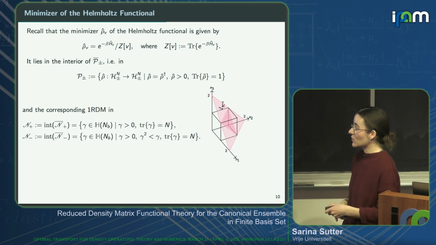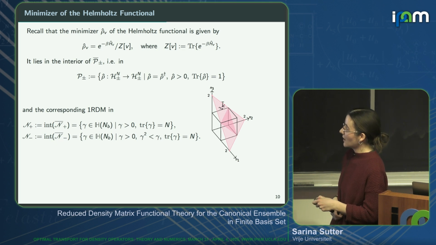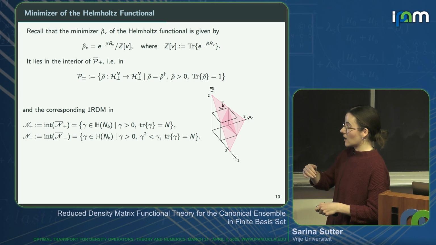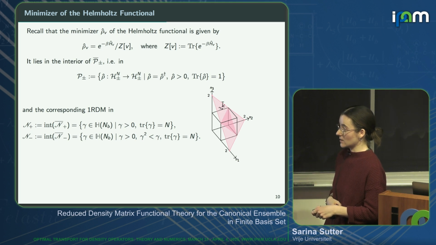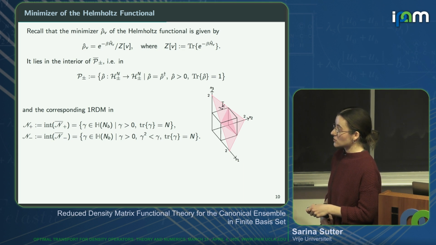And then we can do kind of the same for the 1-RDM. It turns out that because of this condition here, also our 1-RDM will lie inside our set N plus bar or N minus bar. So for the 1-RDM, we have that the natural occupation numbers are strictly larger than 0, and for the fermionic case, they're also strictly smaller than 1.